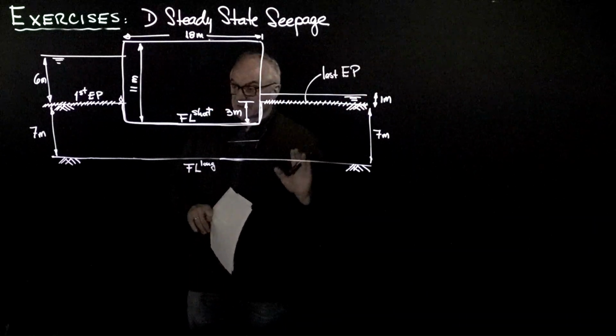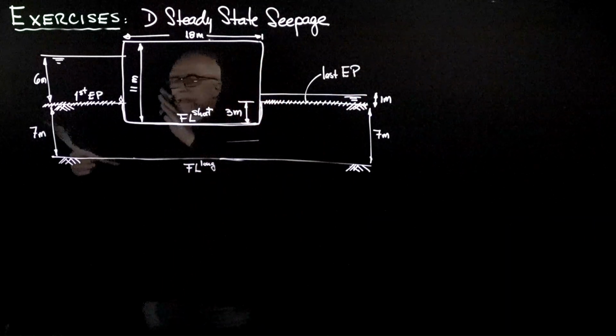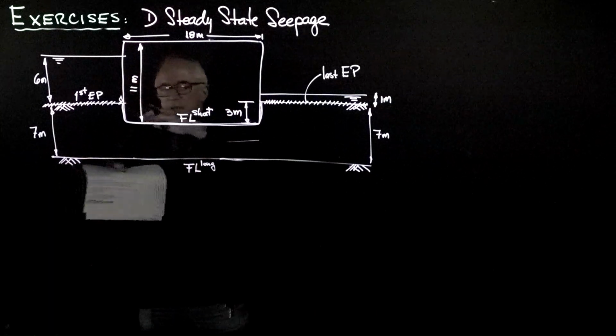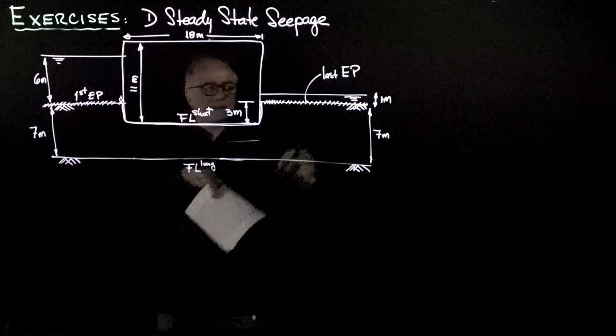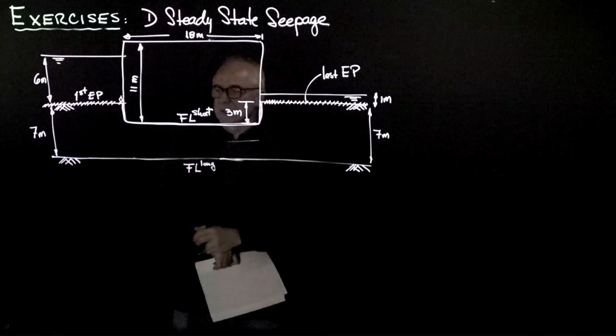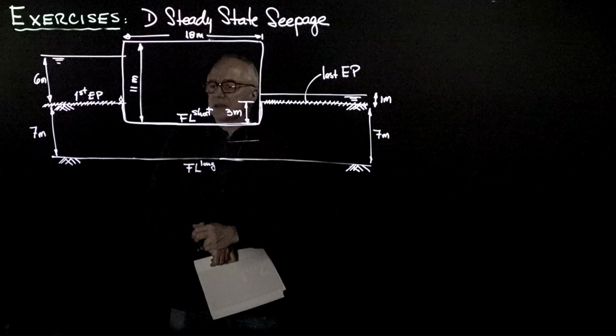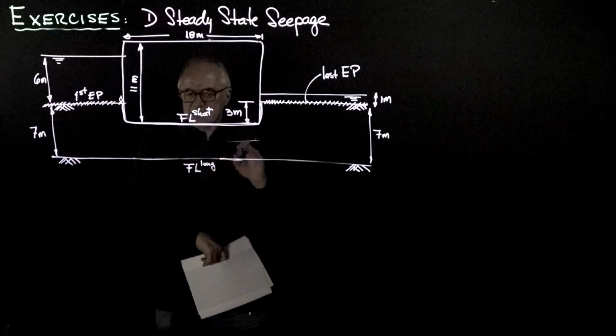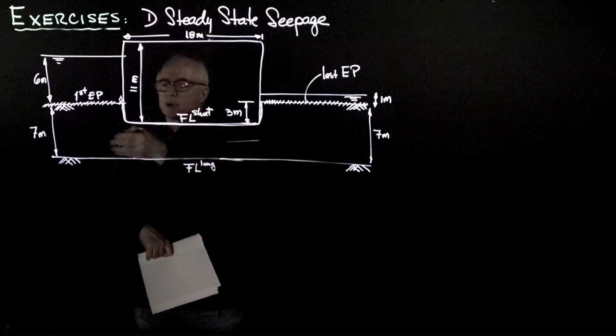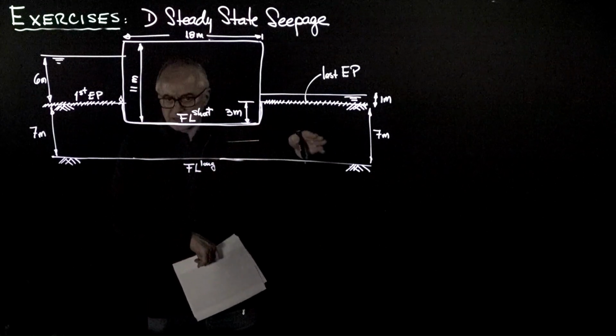To summarize, all the water will come in between the first and the last flow line, starting at the first equipotential and ending at the last equipotential. And now the only thing that we need to do is to solve Laplace's equation to get the total head everywhere else.